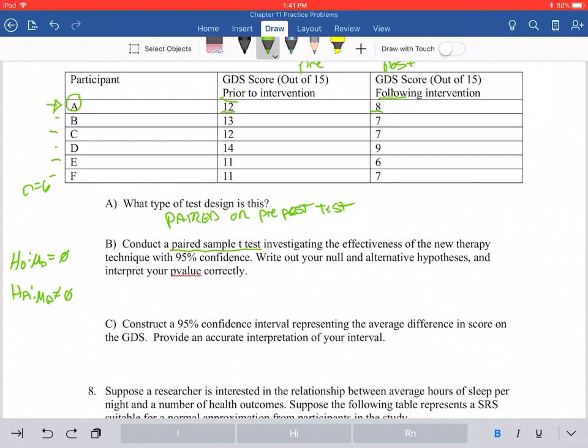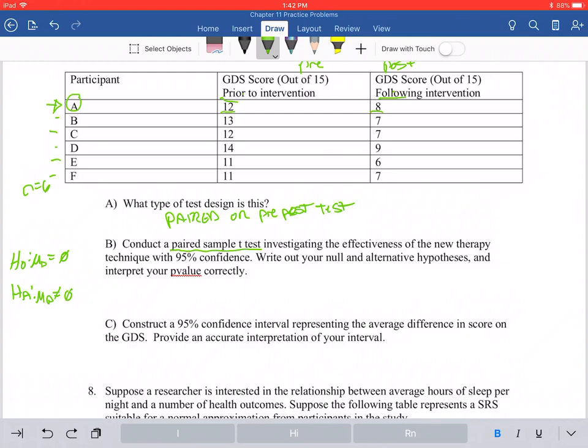Now you can say mu delta is going to be greater than 0 or less than 0, showing there's going to be a difference between the groups, but really we don't know, and the two-sided test is what you're mostly going to encounter when we're running a t-test.